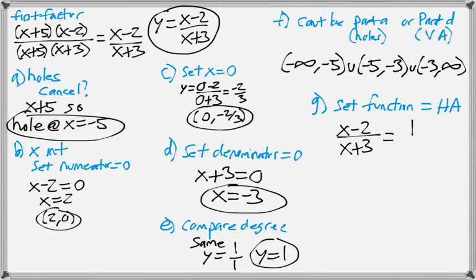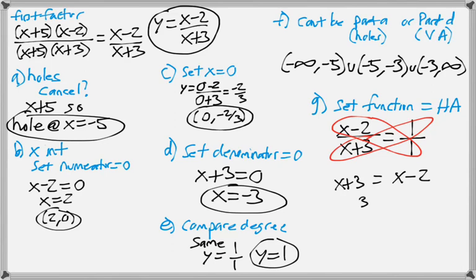I'm going to actually solve this like a proportion. So if you're solving like a proportion, I want to make this look like a fraction. And then I can cross multiply. So x plus 3 times 1 is x plus 3. x minus 2 times 1 is x minus 2. And if you subtract x from both sides, the x's go away. And this 3 is equal to negative 2, which is false.